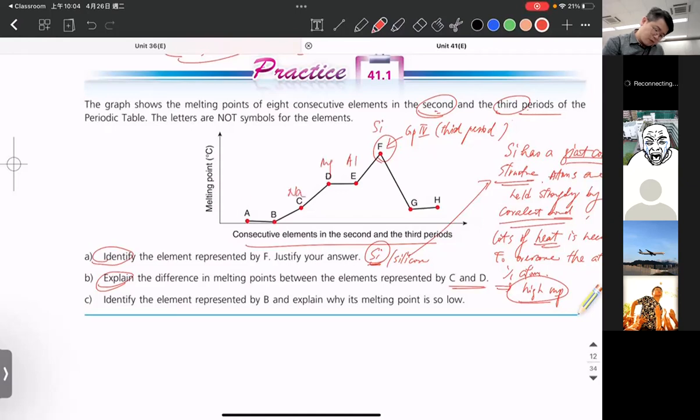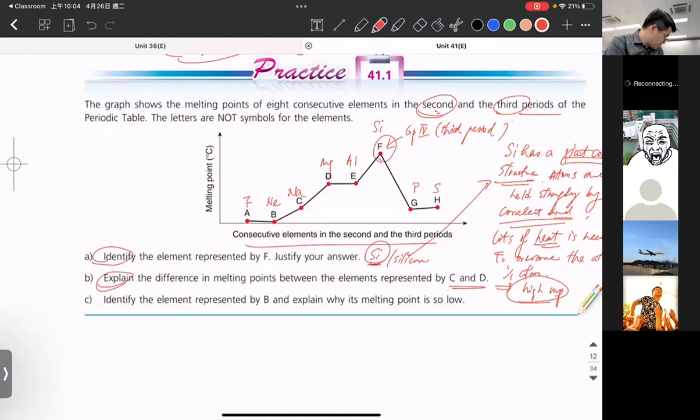This is fluorine, right? So you are going to find it. Fluorine, neon, sodium, magnesium, aluminum, silicon, and then the last two, what is that? Phosphorus, sulfur, right? Just to remember.